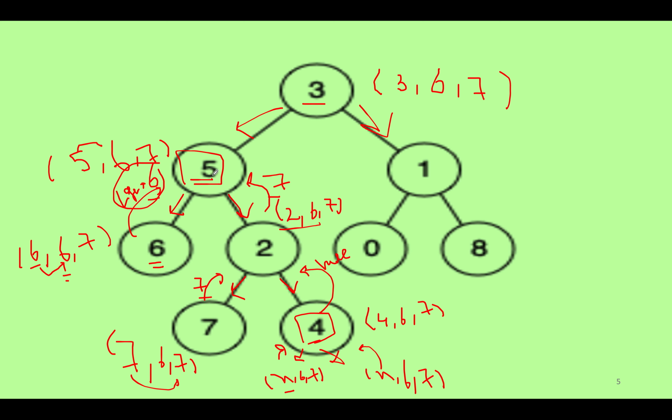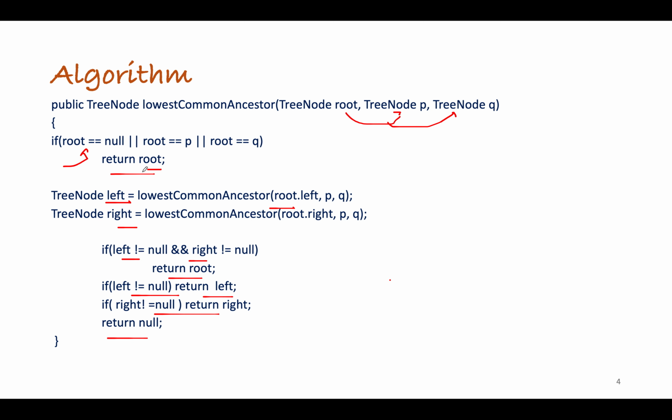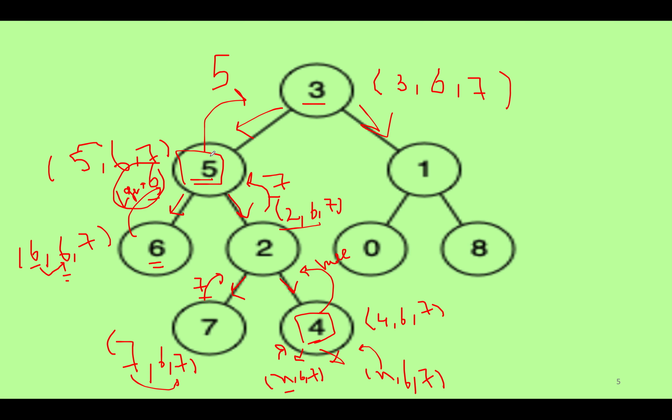So this would return 5 back, because both the nodes were not null, and in that case we simply return the root's value. Wherever you find that its left part has returned a not null value and its right part has returned a not null value, you simply return the node's value at that point.